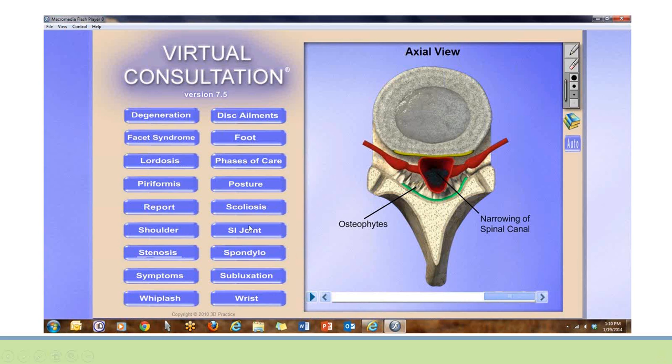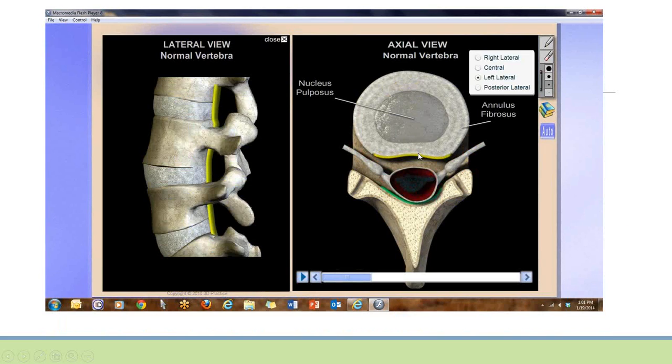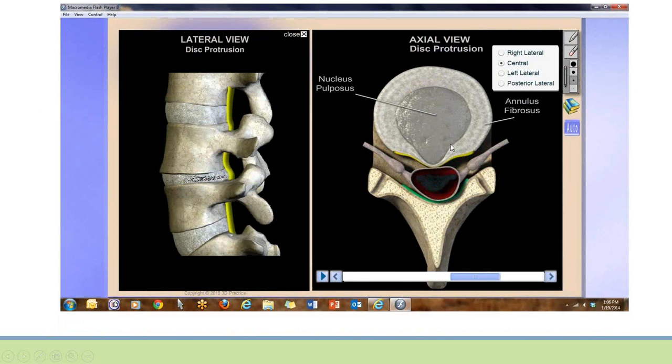So for instance, we are starting a training session on Thursday, and I'm going to go over with my staff these pictures here, what osteophytes look like when it comes to narrowing the spinal canal. So we got spinal stenosis going on. What a left lateral disc protrusion would look like, or a central herniation, so that they start seeing some visual aids, so that will help them with the coding aspect.